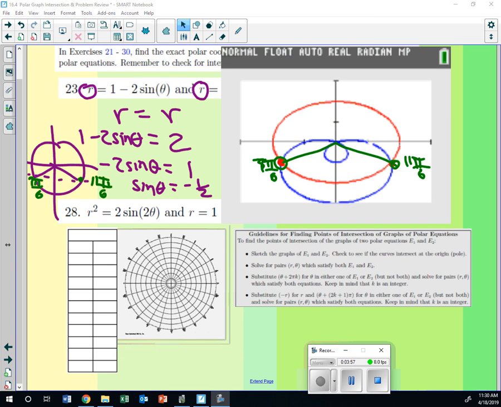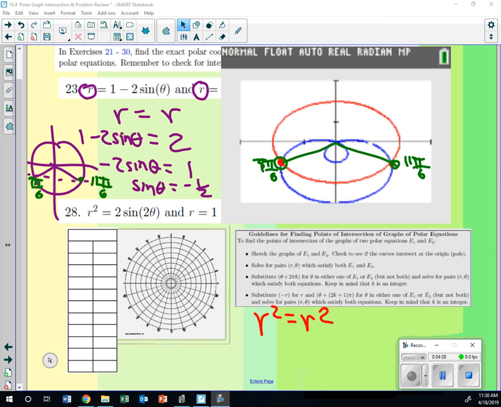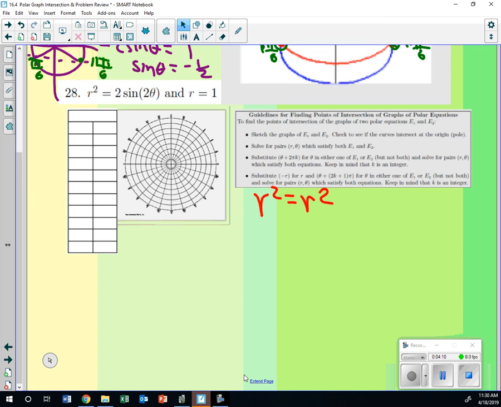What you're trying to get at here is that when you go r squared equal to r squared, this will be 2 sine 2 theta, and what's r squared here going to be? Just 1.